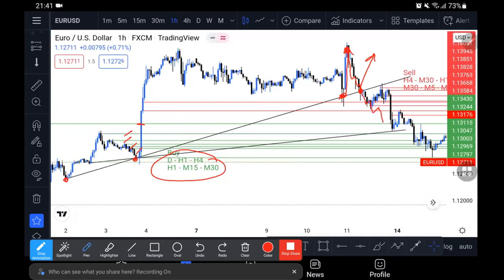So you selling still take sell over here or any key level. So for this part, you guys clear?